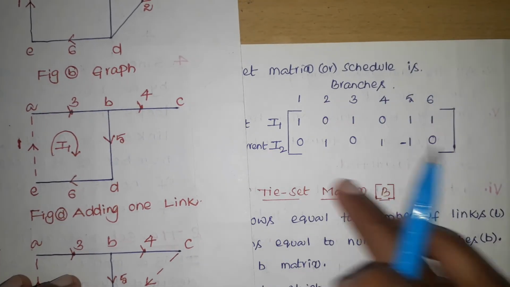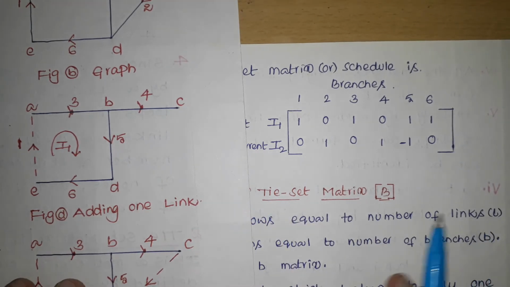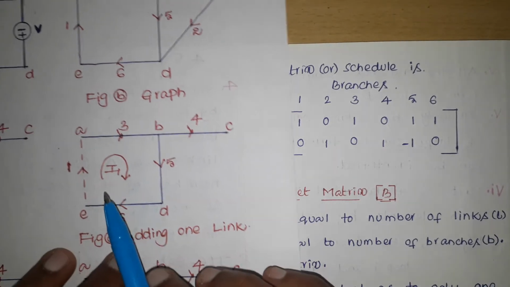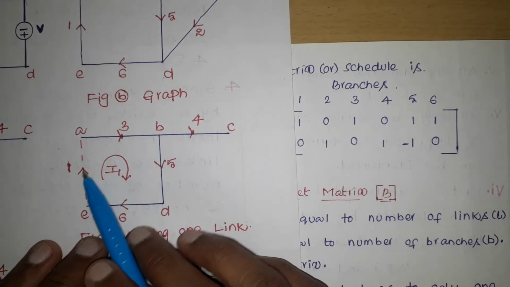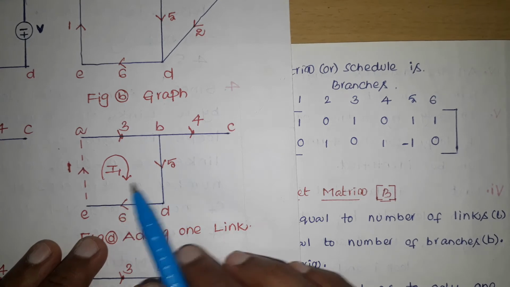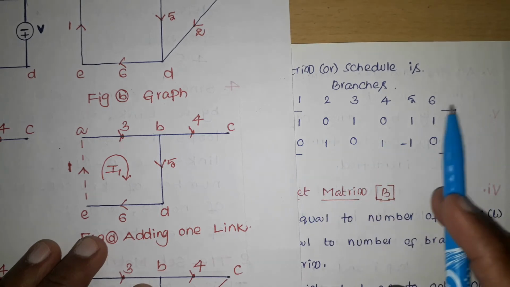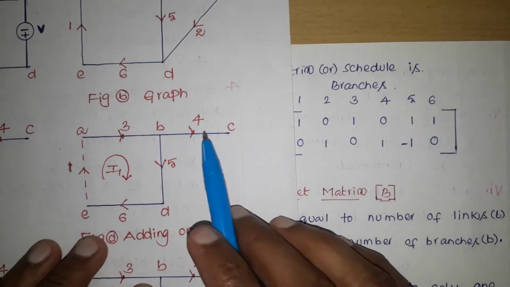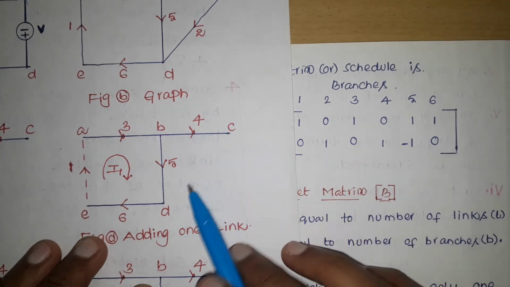So here we fill this tie set matrix row-wise. By adding link 1, there is a current in the first branch, third branch, fifth branch, and sixth branch. The currents in those branches are non-zero elements, and there is no current in the fourth branch, and no current in the second branch.